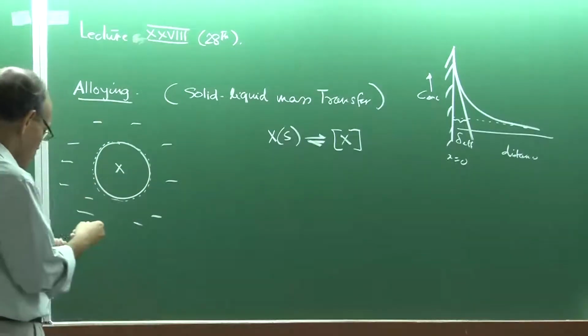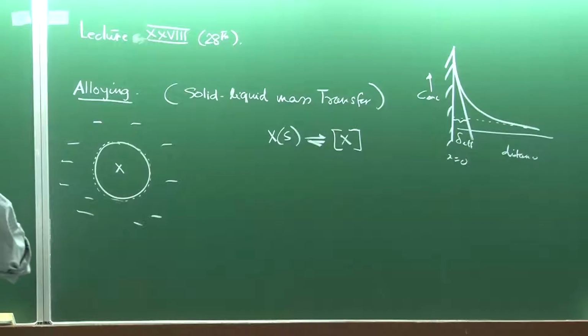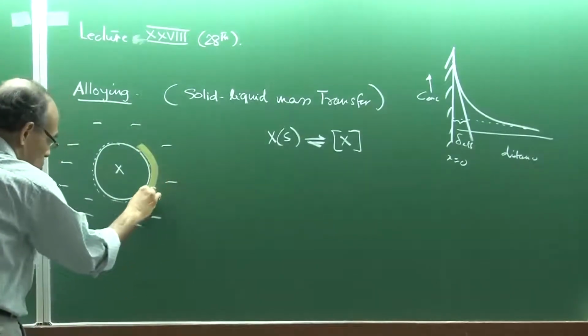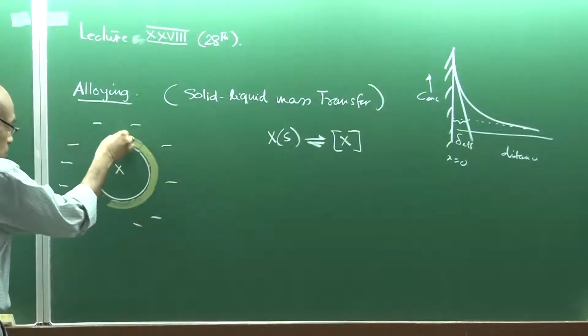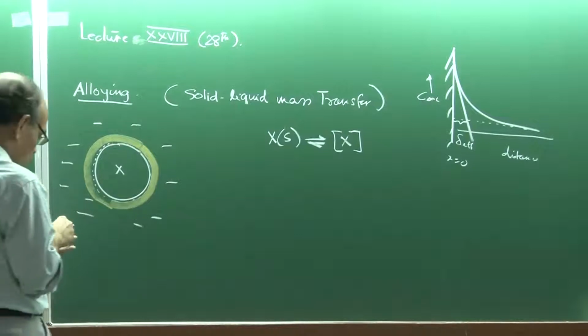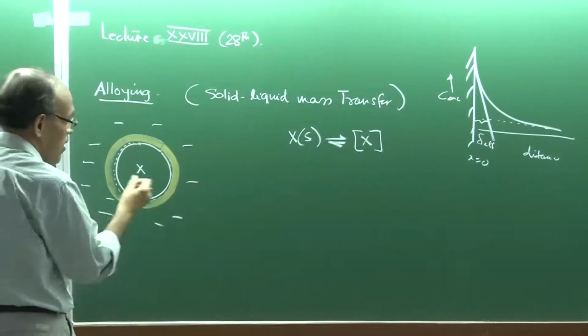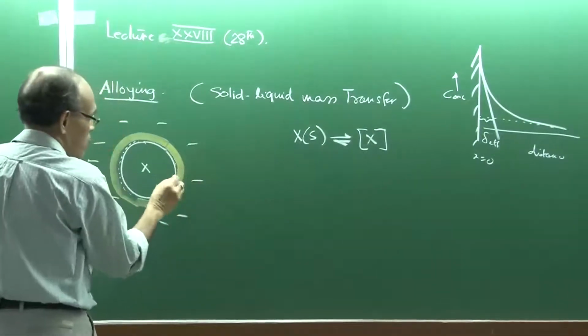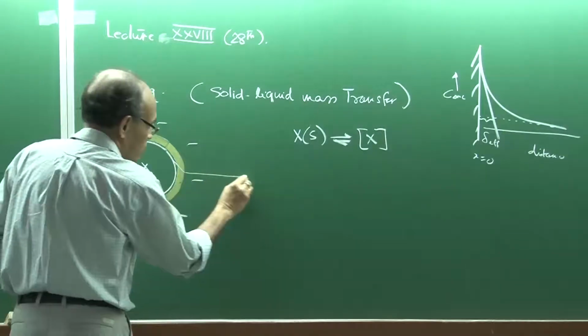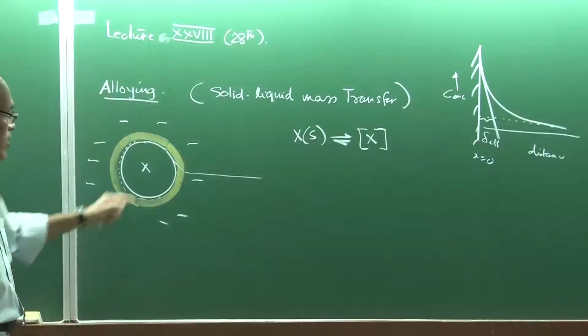Once the reaction occurs, the transport takes place through the boundary layer adjacent to the interface, and then the bulk transport takes place from the edge of the boundary layer, and this is the concentration profile.